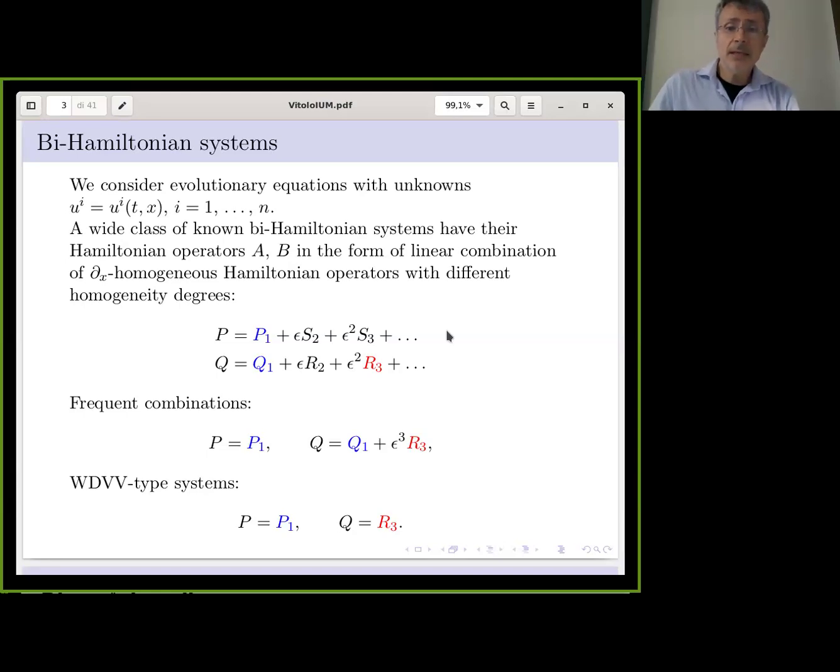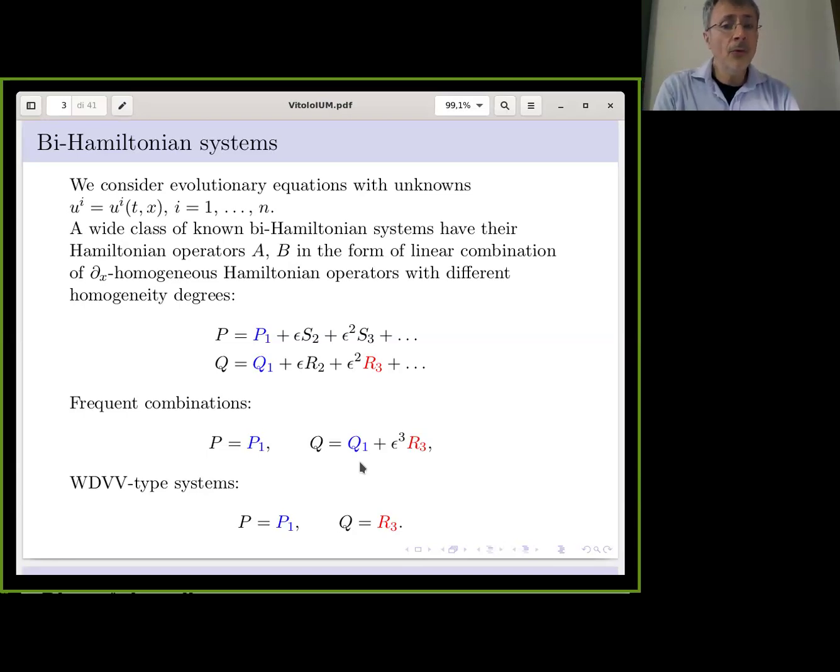In many cases, the second operator is the sum of one operator of first homogeneity degree and an operator of second or third homogeneity degree. So this is the normal situation. Sorry, here there is a misprint. It should be epsilon squared. For us, this epsilon is not very important.